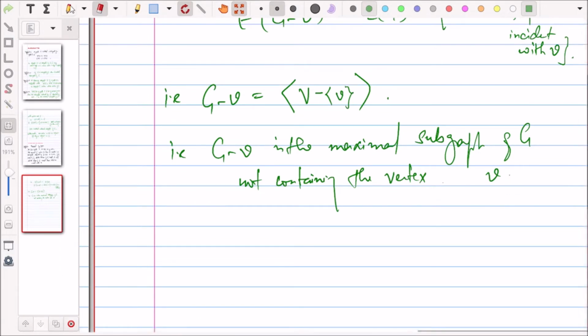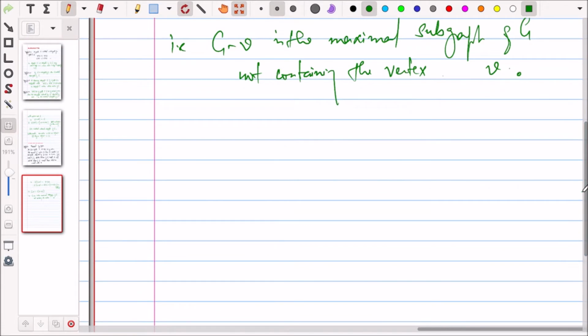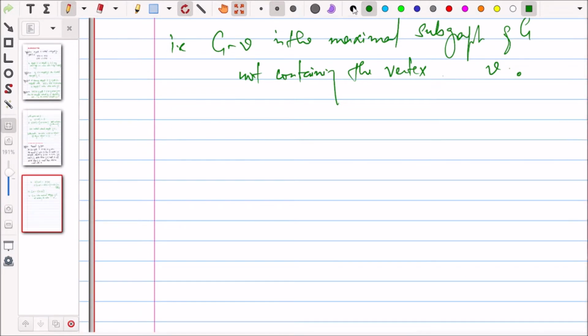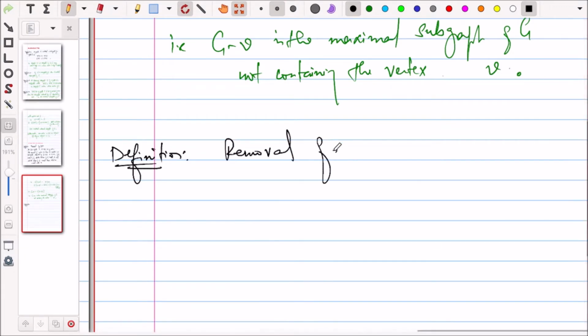Okay, fine. We have defined removal of a vertex. Now we will define removal of an edge.